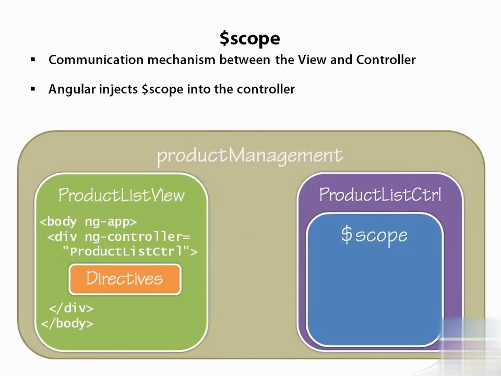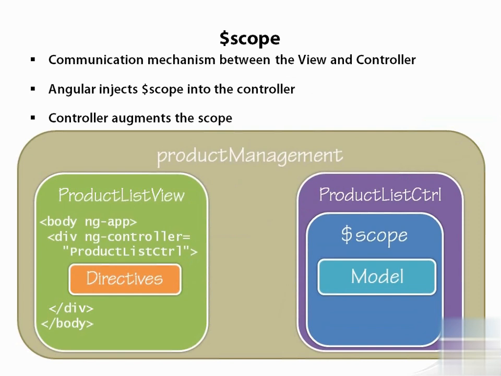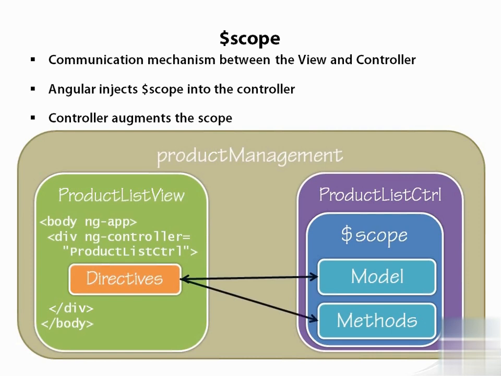The controller then augments the scope, adding the model for the view binding, and defining methods for any view actions. The directives and expressions in the view can then bind to the model properties or call the controller methods. But there is an alternative to injecting $scope.